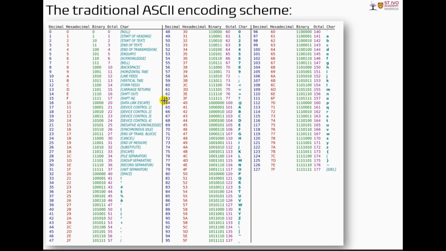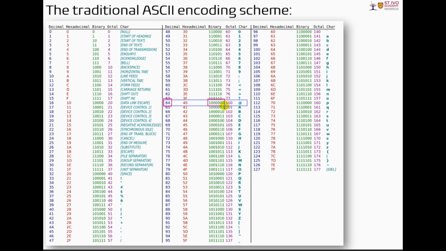If we look across the row here, this is the one that I actually used in video number 1. I used the @ character as an example of the importance of using data types in a programming language. Let me just see if I can change the color of my box, because I think this will make it a little bit easier. There we go. So the actual number 64 in binary is 1 followed by 6 zeros.